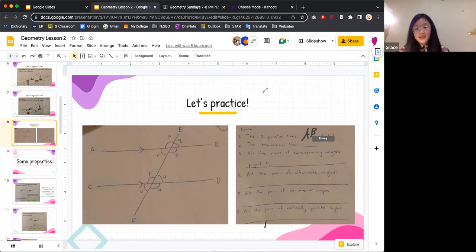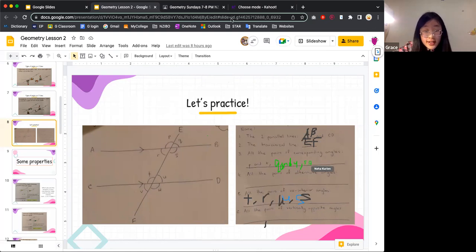Yeah, good job, Amy. AB and CD are the parallel lines. They've both got one arrow on them, showing that they're parallel to each other. Yes, nice. Co-interior, T and R, yep.